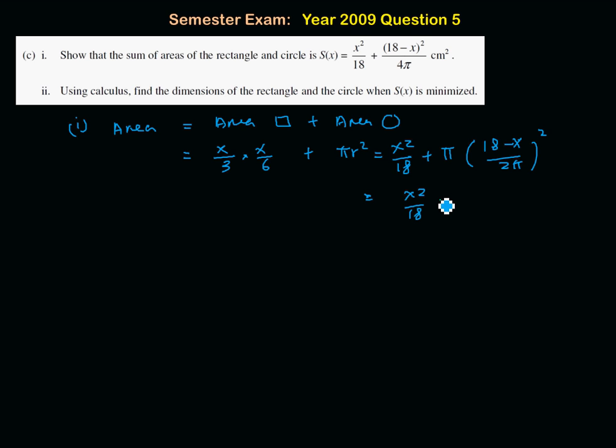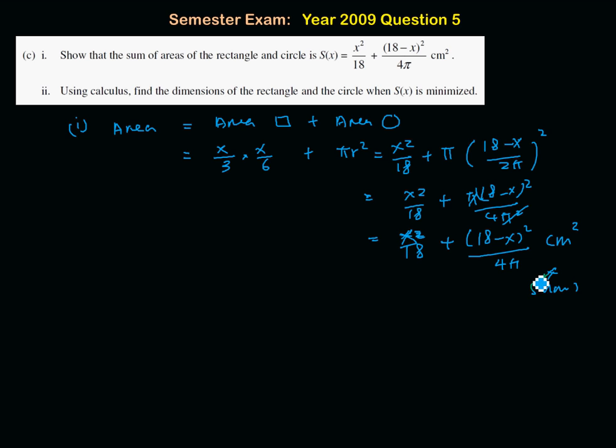This is 18 minus x squared times pi over 4 pi squared, so we have shown that the sum of the areas is x squared over 18 plus 18 minus x squared over 4 pi. Of course, the unit must be cm squared.